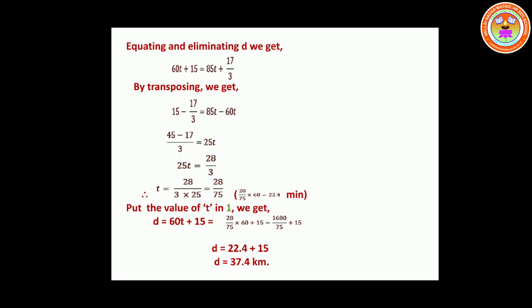Since it is in minutes, we are doing conversion of hours into minutes. 28 by 75 into 60 plus 15. So that is why we are doing into 60 over there. Now this 1680 by 75, when you divide, it becomes 22.4, plus this 15, adding up it becomes 37.4, which is the distance the train has to cover.